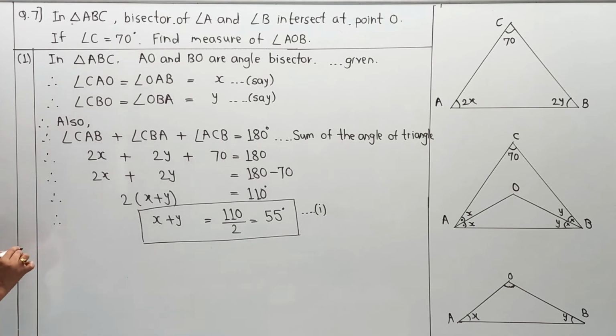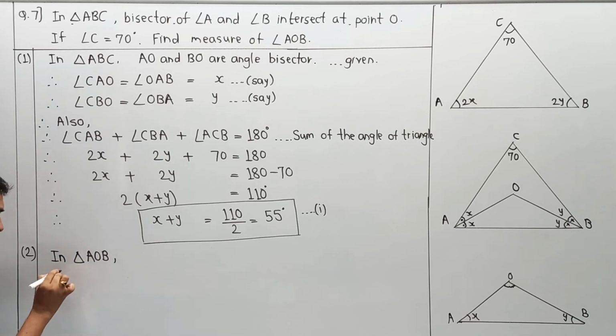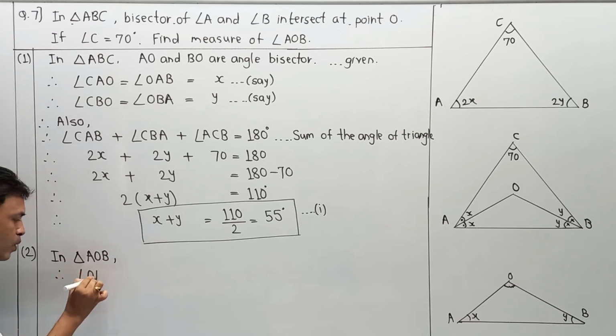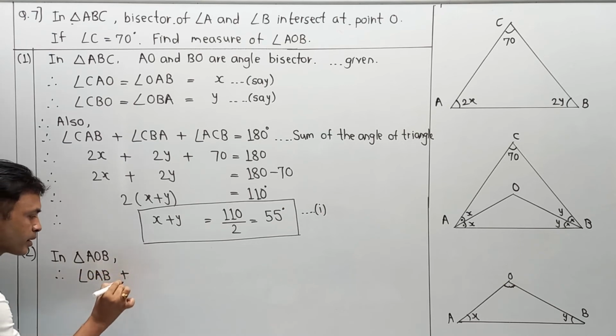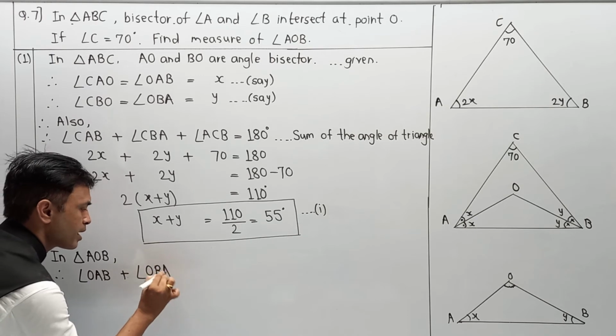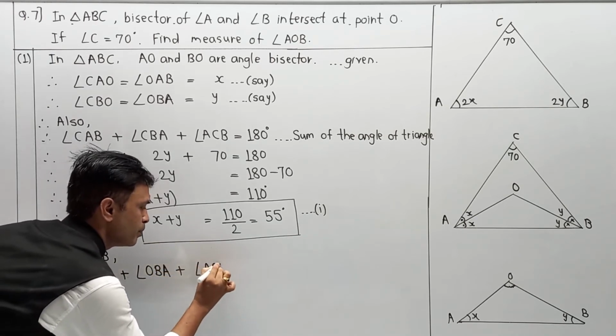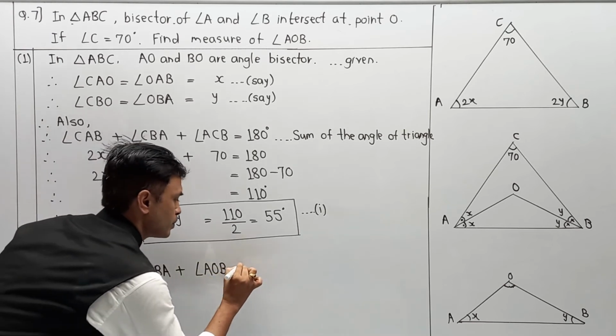So second part is, in triangle AOB, one by one. First angle A means angle OAB, plus angle B means angle OBA, plus angle O means angle AOB, is equal to 180 degree.